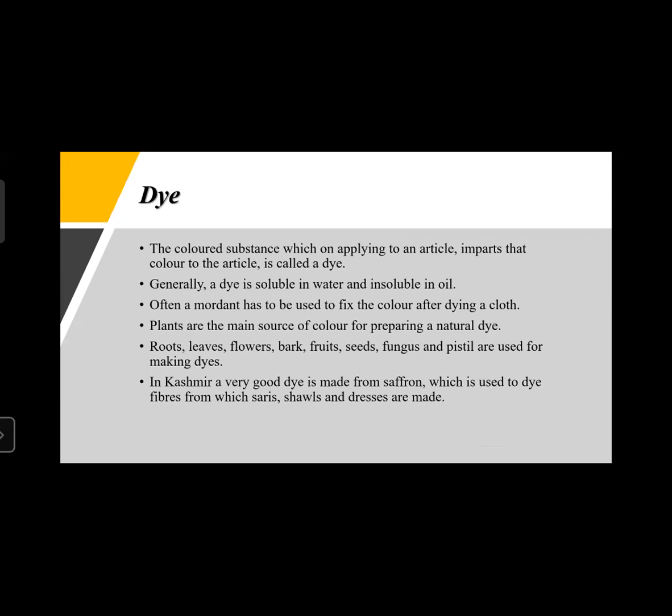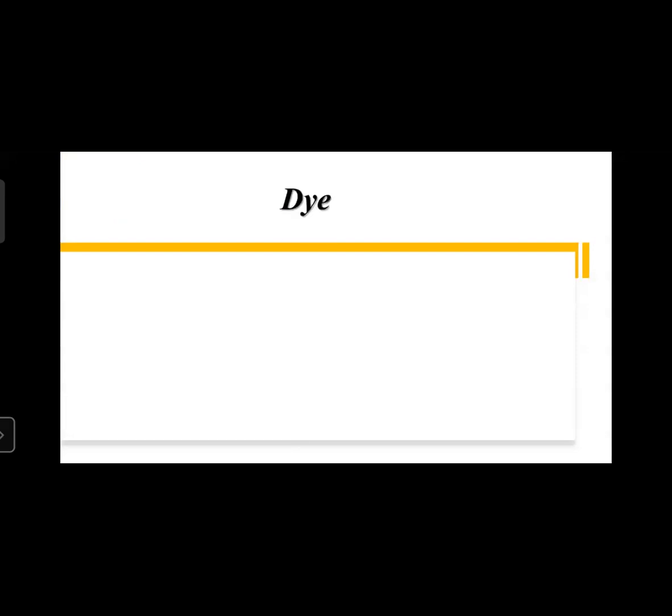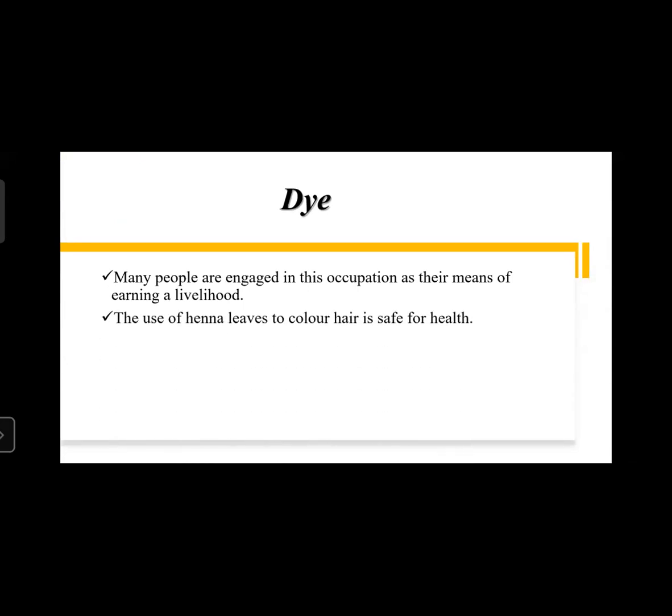Even in Kashmir, a very good dye is made from saffron, which is used to dye fibers from which saris, shawls, and dresses are made. And they are very, very costly. Many people are engaged in this occupation for their livelihood. The use of henna leaves to color hair is safe for our health.